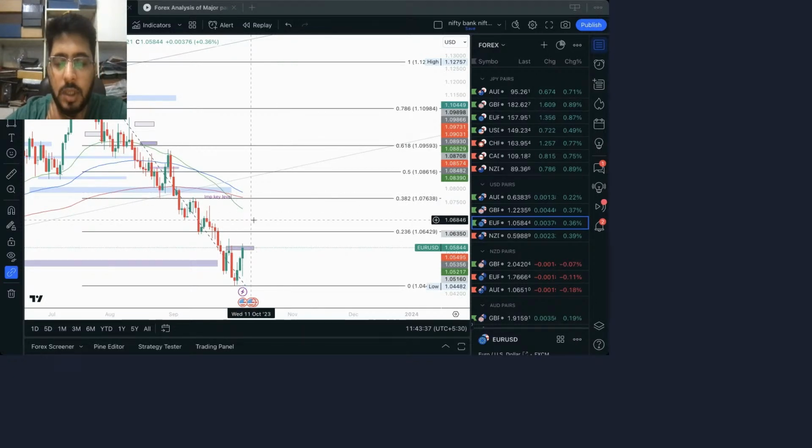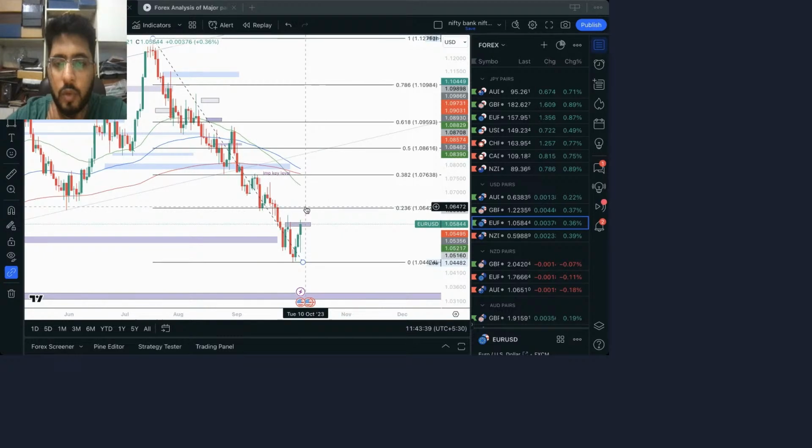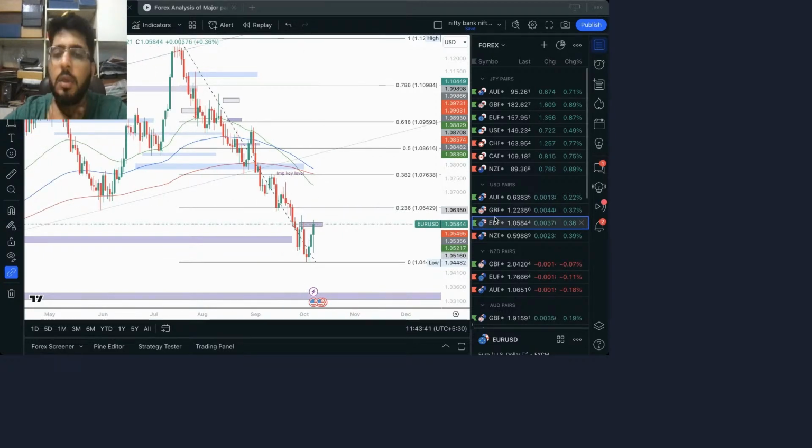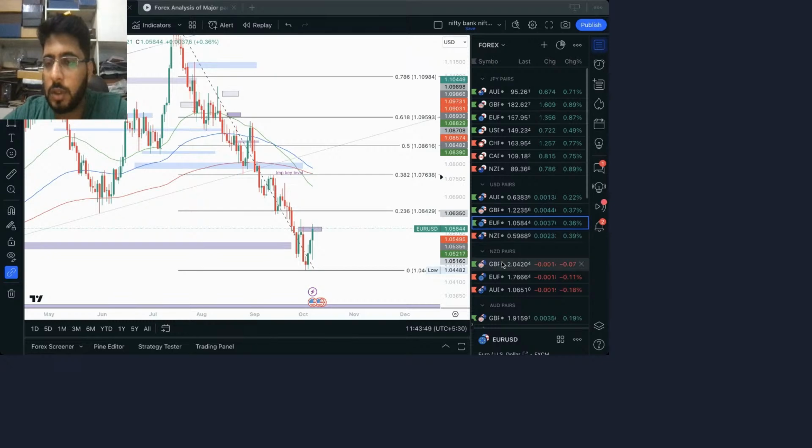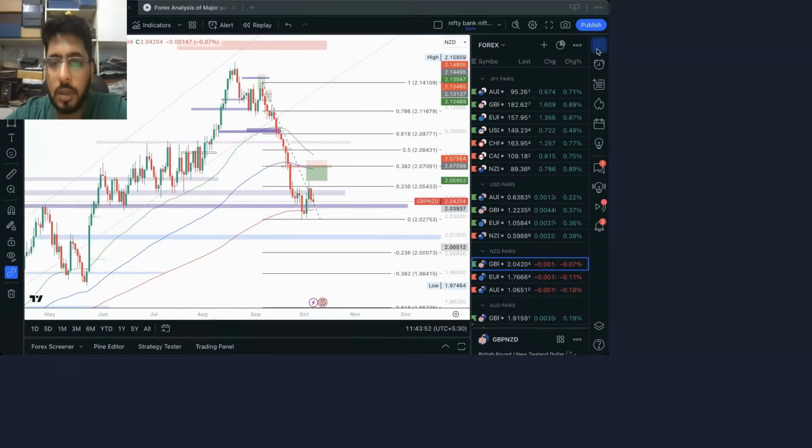So if you see the alignment, both are coming together, then we definitely take that trade. So I'll put an alert over there as well. I hope I don't have any alert. No.